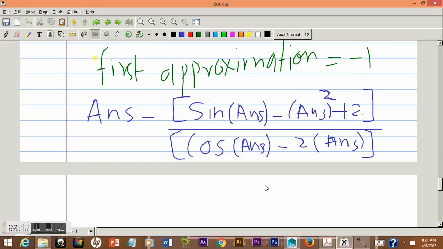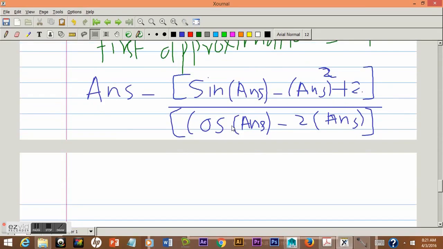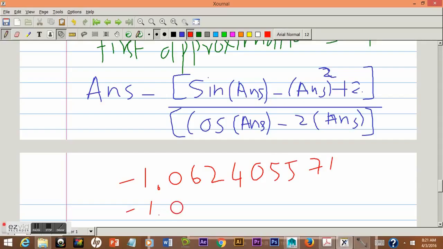So our x2 value will be minus 1.0624055571. Again we get minus 1.0615499933.